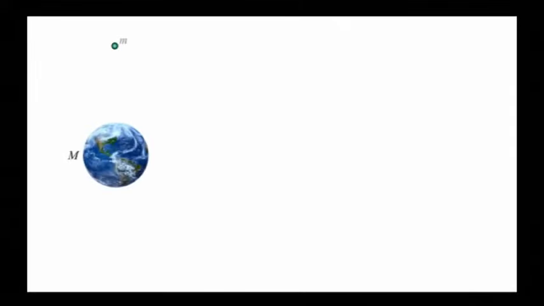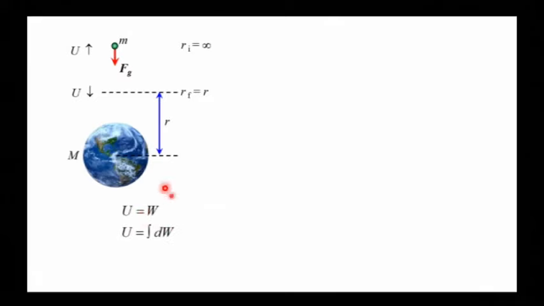What is the gravitational potential energy of a test mass at a distance r from the center of a planet? We have learned that the gravitational potential energy equals the work done to bring a test mass from infinity to a point in a gravitational field, and work done is the dot product of gravitational force and displacement.